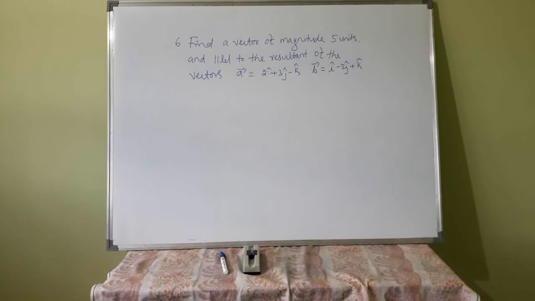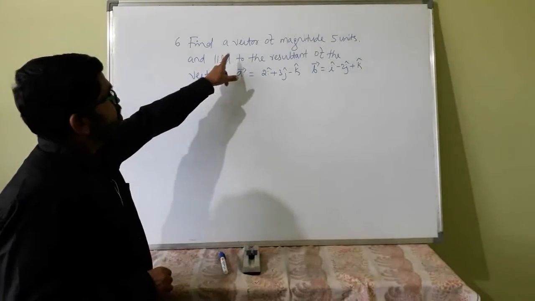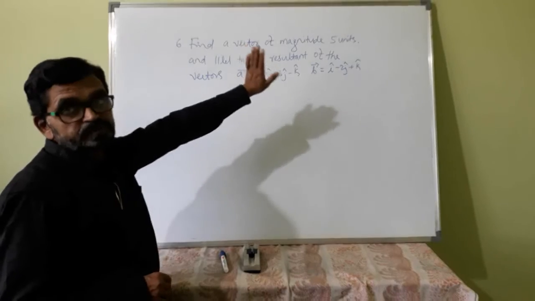Find a vector of magnitude 5 units and parallel to the resultant of vectors a (2, 3, minus 1) and b (1, minus 2, 1). What you have to find here is a vector of magnitude 5 units.